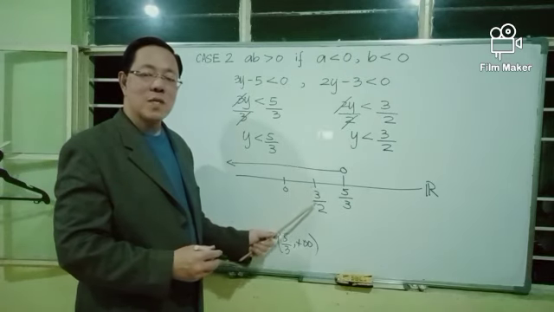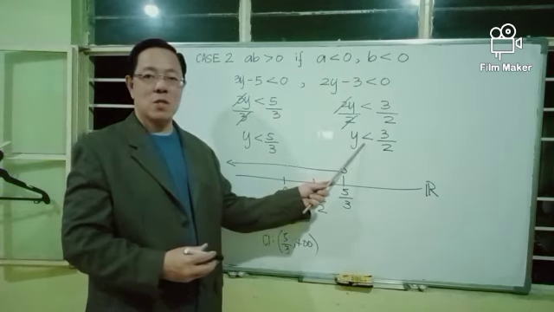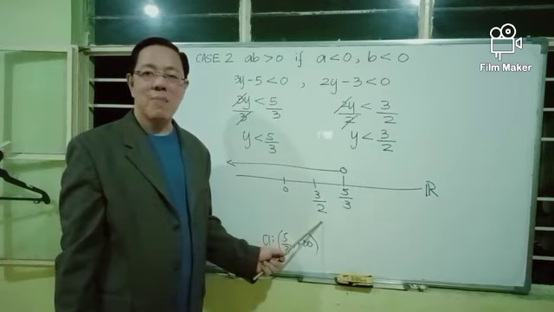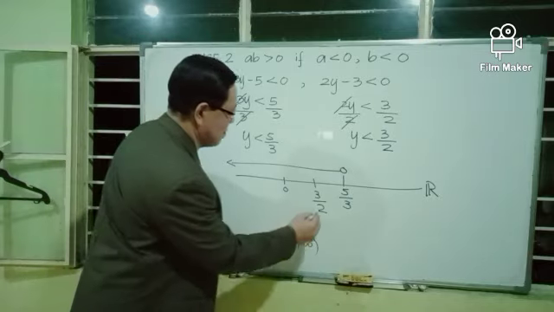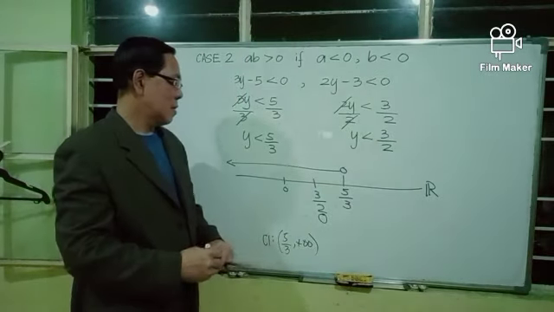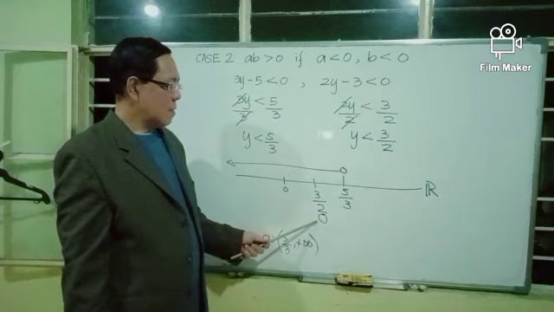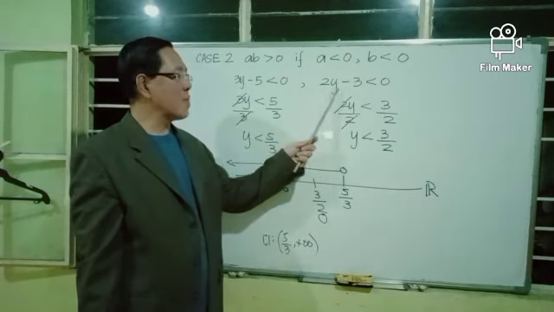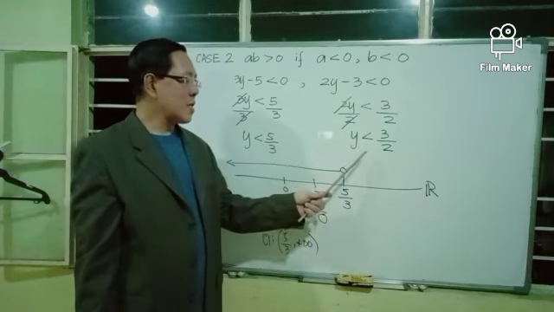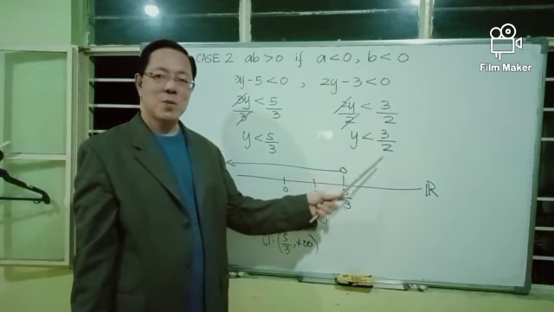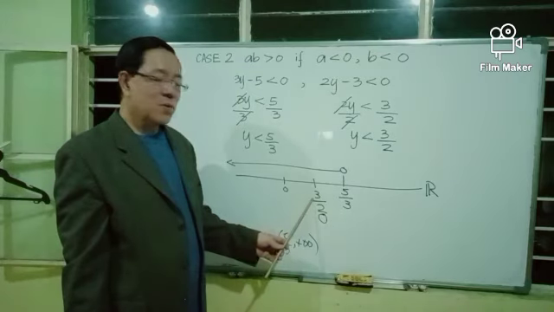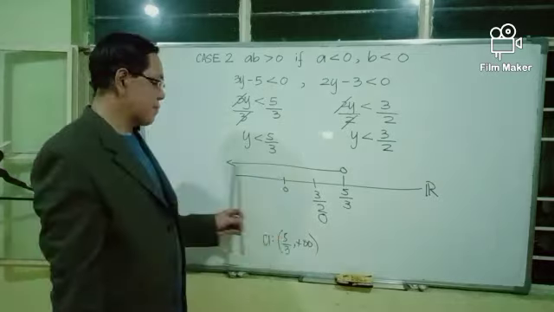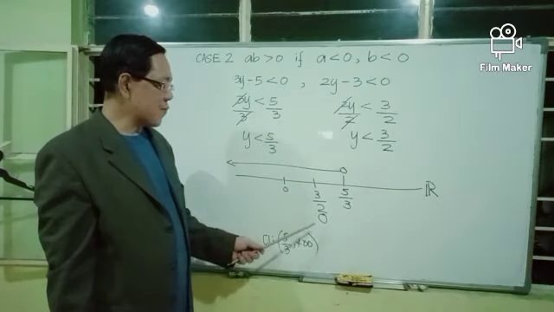This real number 3 over 2 is not part of the solution because there is no equal sign here, and we indicate that in the diagram by open circle. And the solutions of this linear inequality 2y minus 3 less than 0 are the real numbers that are less than 3 over 2. And this is 3 over 2. The real numbers that are less than 3 over 2 are the real numbers to the left of 3 over 2.